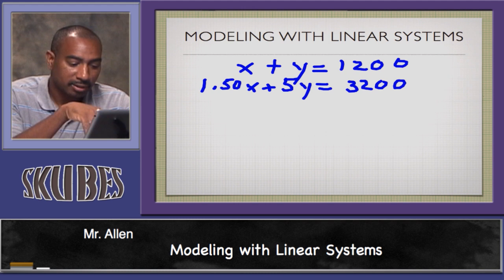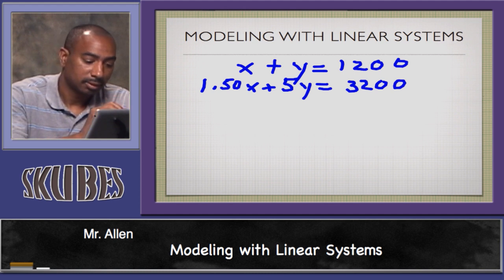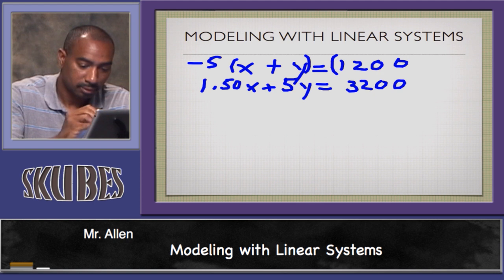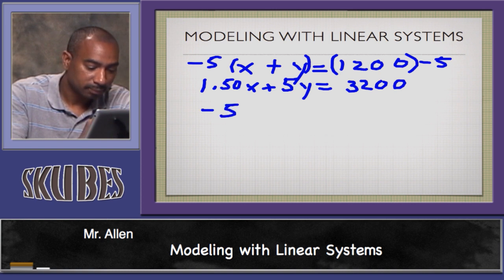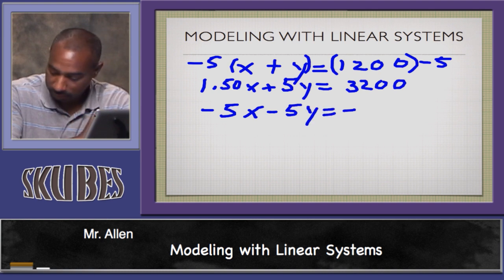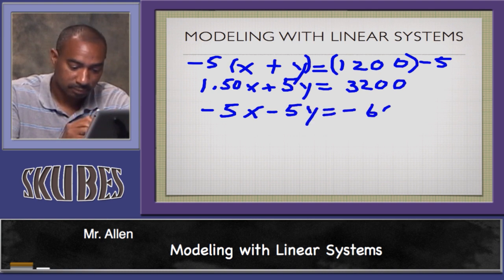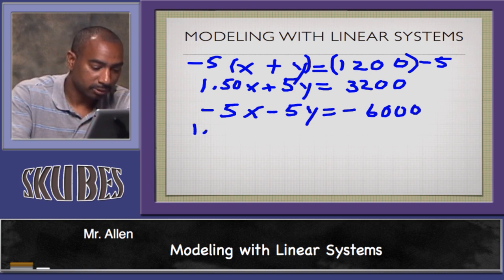I see a 5y here, so if I multiply the top equation by -5, I can eliminate the y variable. So I'm going to go ahead and do that. If I do that, I'm going to get -5x minus 5y equals -6,000. And we're going to add it to this equation here.